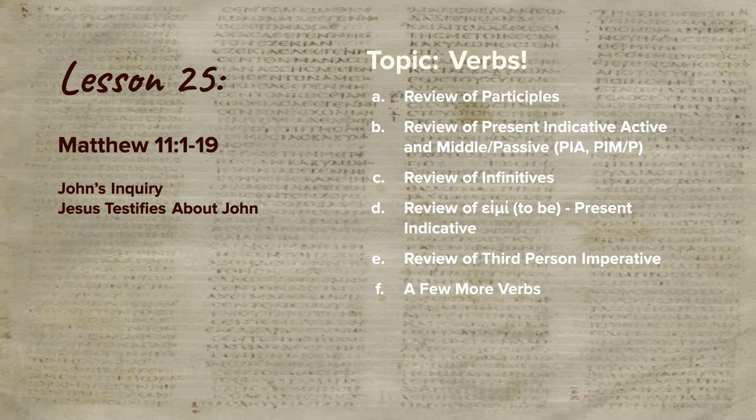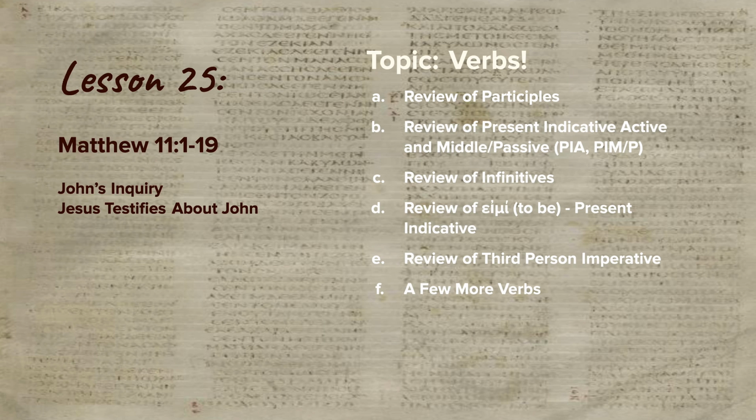We have some verbs we've already covered, and we haven't covered a few other types of verbs, but let's review before we move on. So we'll review participles, both present and past participles, and then present indicative active and present indicative middle and passive. We'll also review infinitives and the conjugation of the word to be, or εἰμί in Greek, in the present indicative.